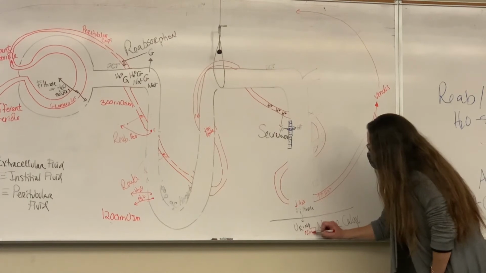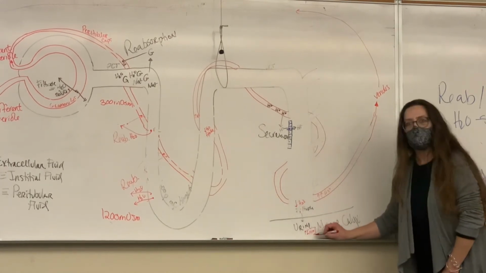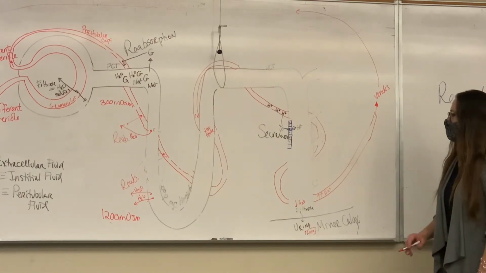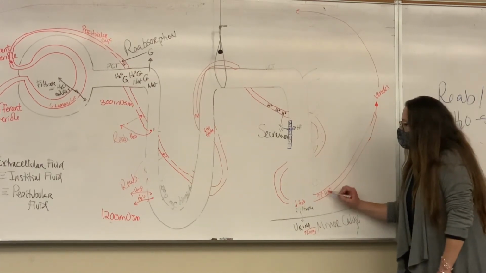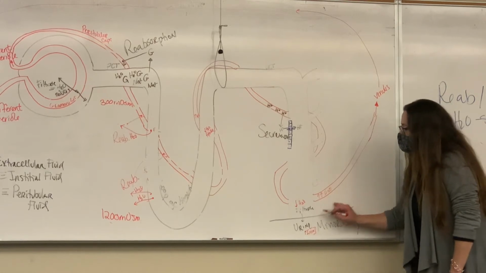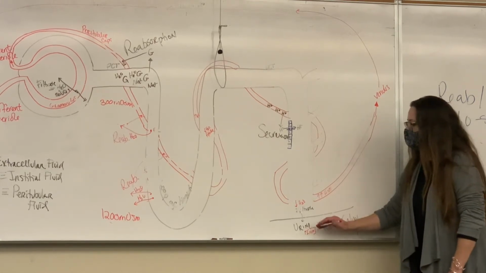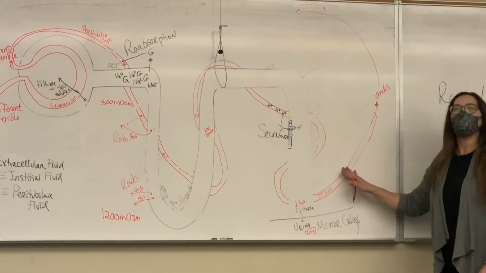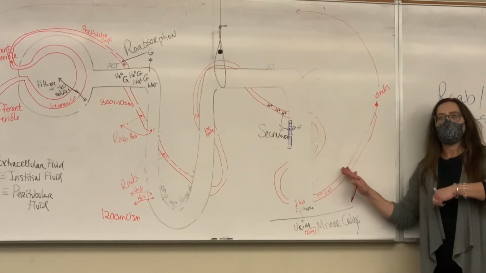It's gonna have a high osmolarity, a lot of stuff in it and little water, relatively speaking. And that makes sure that we don't get too dehydrated. It makes sure that we don't lose too much water, that we put enough water back into the blood.